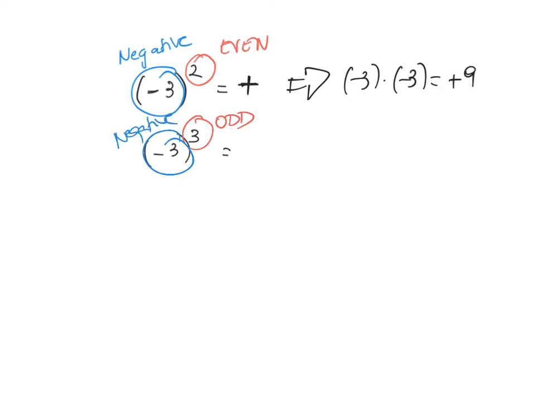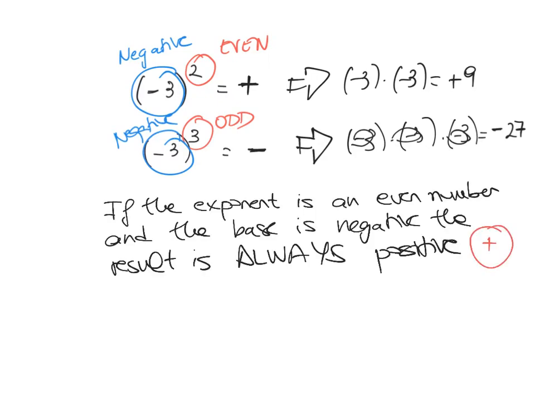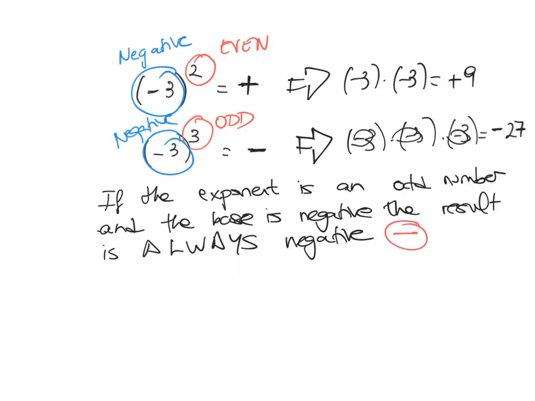So in that case, the result is negative, because in this case what we have is -3 times -3 times -3. 3 times 3, 9, times 3, 27, and minus times minus is plus, times minus is minus. It is negative. So if the exponent is an even number and the base is negative, the result is always positive. And if the exponent is an odd number and the base is negative, the result is always negative.